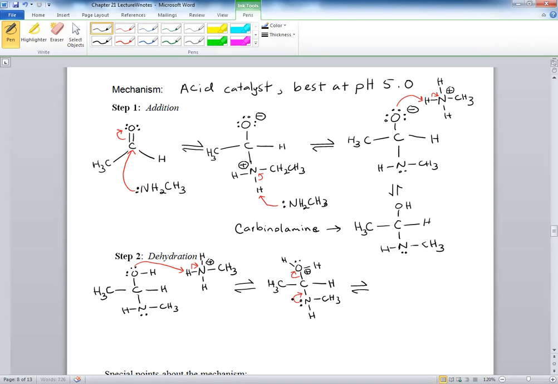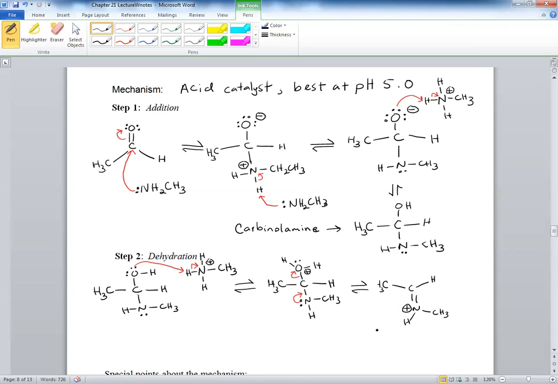So thus you're creating the double bond for the imine. We need to just adjust the angles here. And there's a positive on that nitrogen. 4 bonds, 4 bonds.